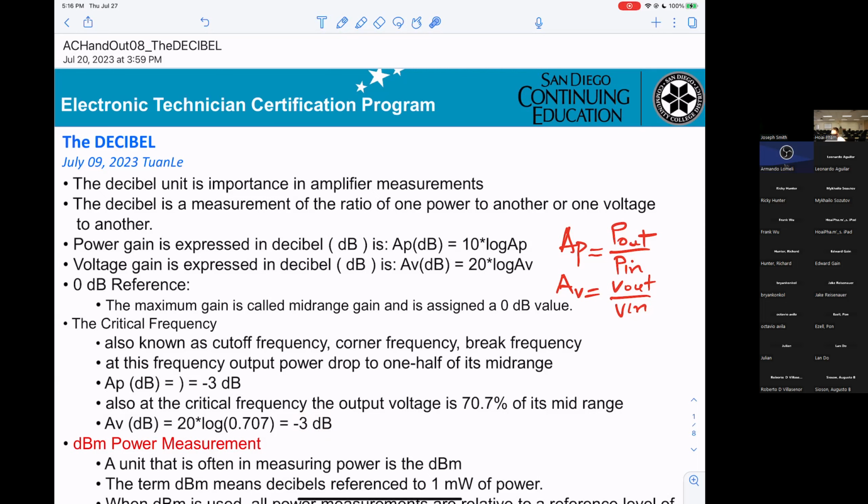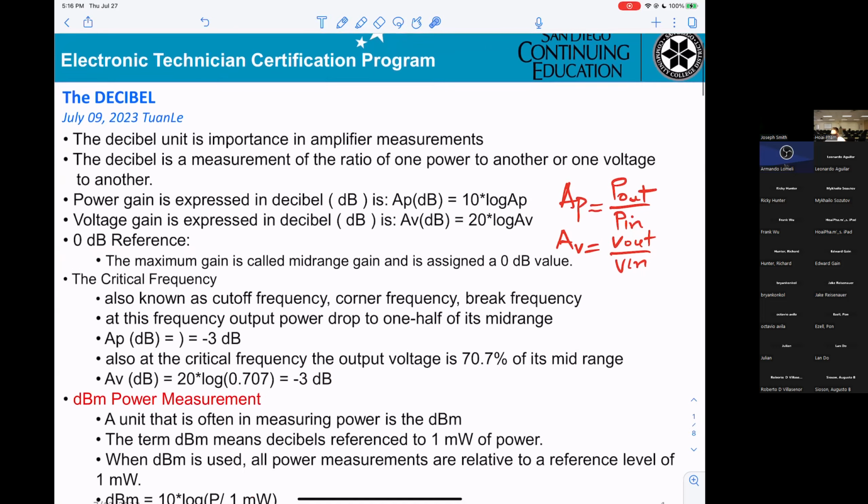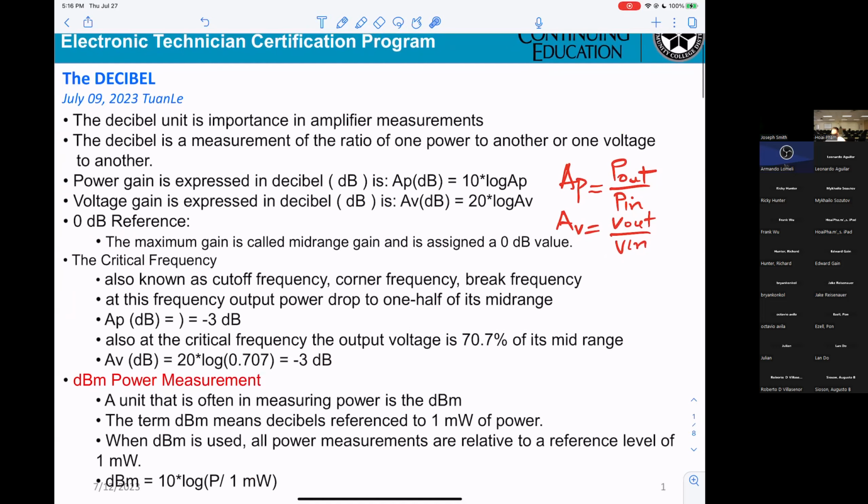And dBm. That is a unit often used in measuring power.